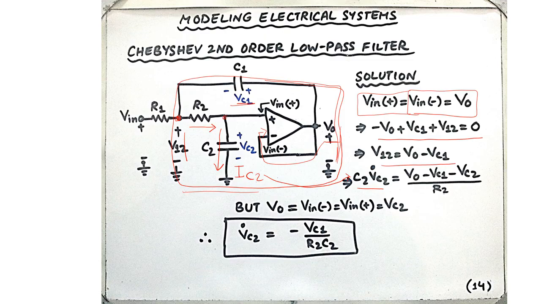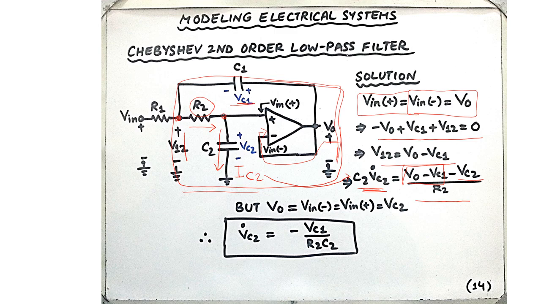If we apply KCL over here, then the current entering this node is the same as the current leaving this node. We know that the current leaving this node is C2 times Vc2 dot. But what about the current entering this node? Well, that is the voltage across this resistance R2, which is V12 minus Vc2. V12 is V0 minus Vc1, and then we need to subtract Vc2 from that, so we get this expression.